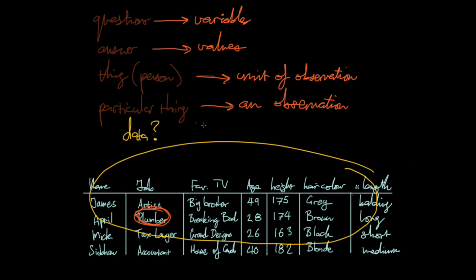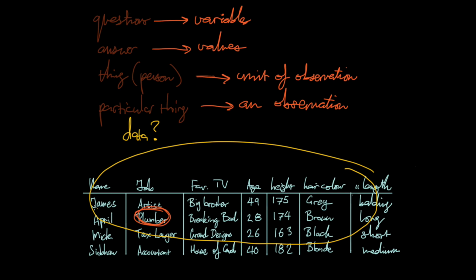So what if we just have variables and values? Well, then we can't really tie any two values together. Someone's 28 years old and someone likes Grand Designs, but we don't know if they're the same person. Having observations allows us to tie together different answers to different questions, and allows us to say, okay, all the answers in this row are answers that James gave.